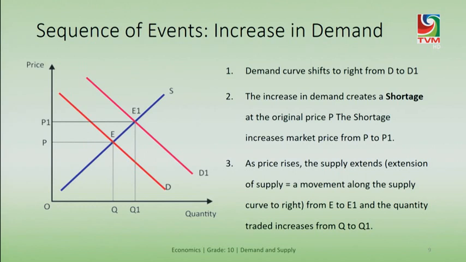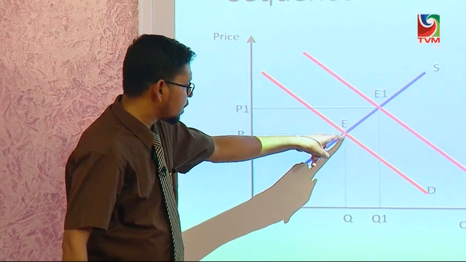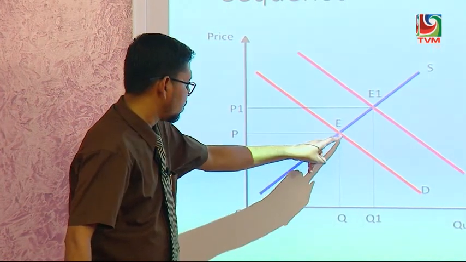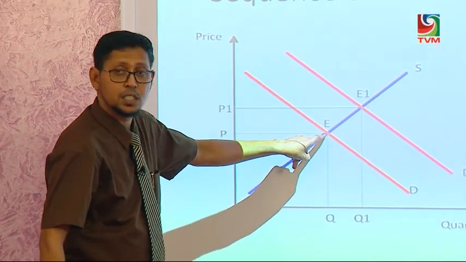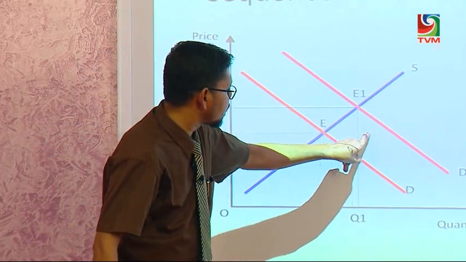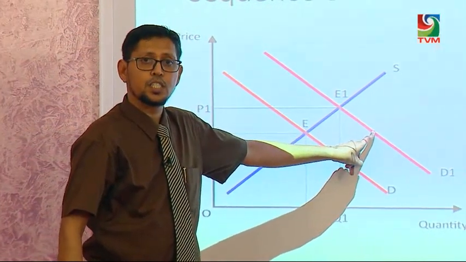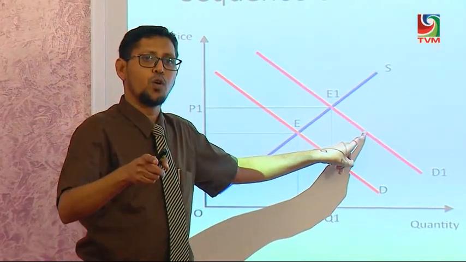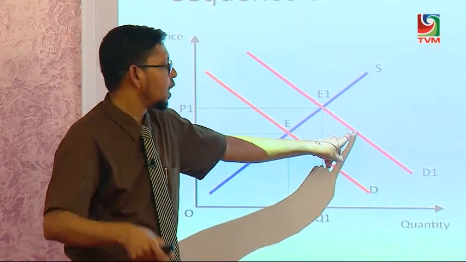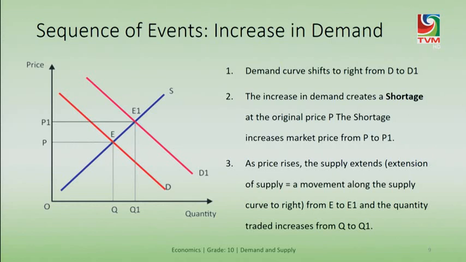Shortage occurs when the demand is more than the supply. Here, this is the supply at this price, but at this price new demand means here. So, there is a shortage. Therefore, because of the shortage, the price increases.